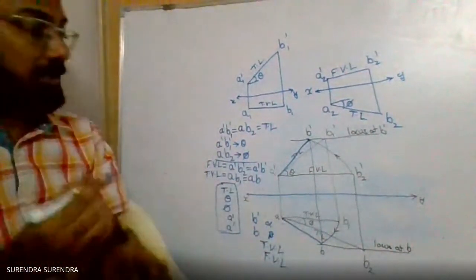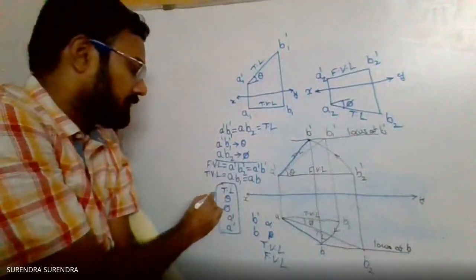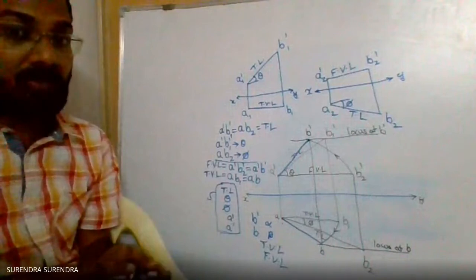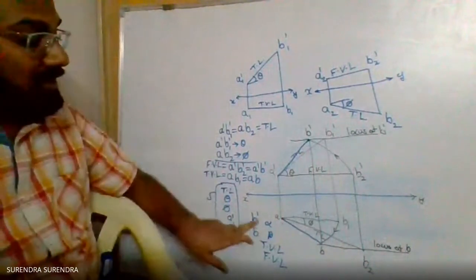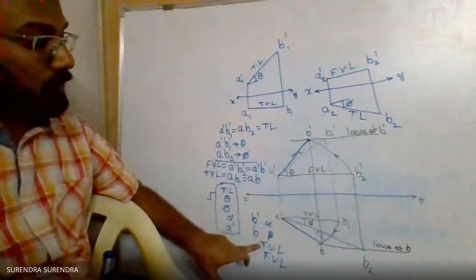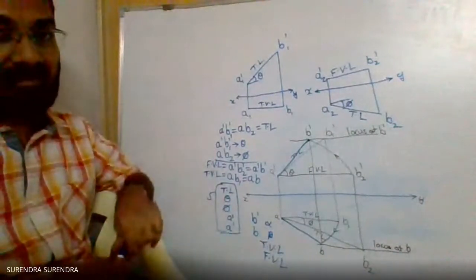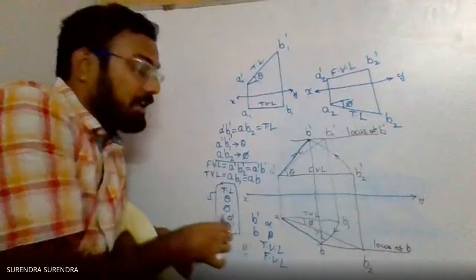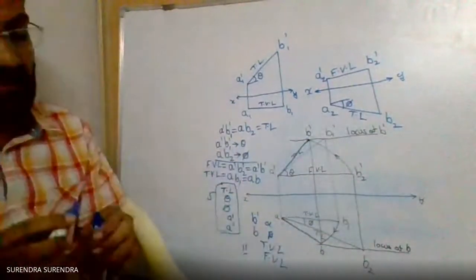So total how many dimensions are there? The basic dimensions are only 5, but in addition there are 1, 2, 3, 4, 5, 6 dimensions. Total 5 plus 6, 11 dimension values are there in this figure.